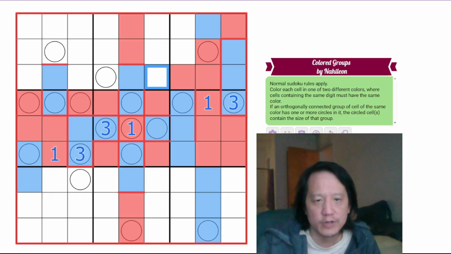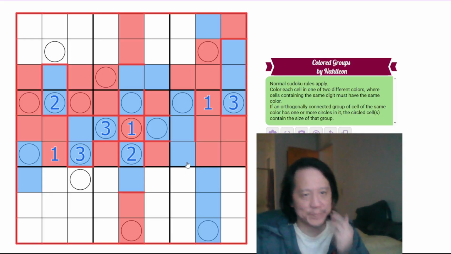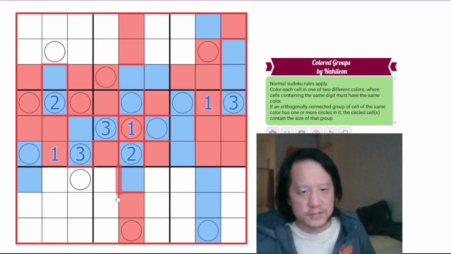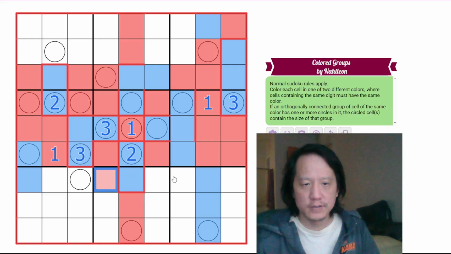So this cannot be red. This is blue, which forces the reds to be in the rest of row 3. So this is blue, which means this cannot be 2. This is 2 here. So that forces this to be 2. That's 2. This is done as a region. So therefore that makes these both red.